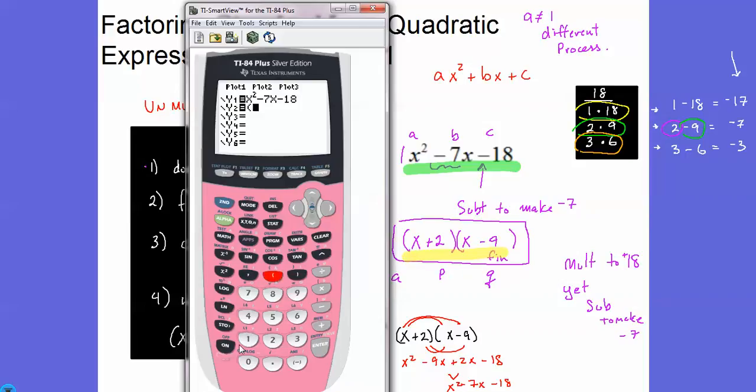Open a parenthesis, x plus 2, close that parenthesis, open another one, x subtract 9, close. Now, I could draw a graph, but it's quicker if I look at the table of values, and what I will want is my y1 values to match identically with my y2 values. I see that my y2 values all match my y1 values. So I know that I have factored this correctly.